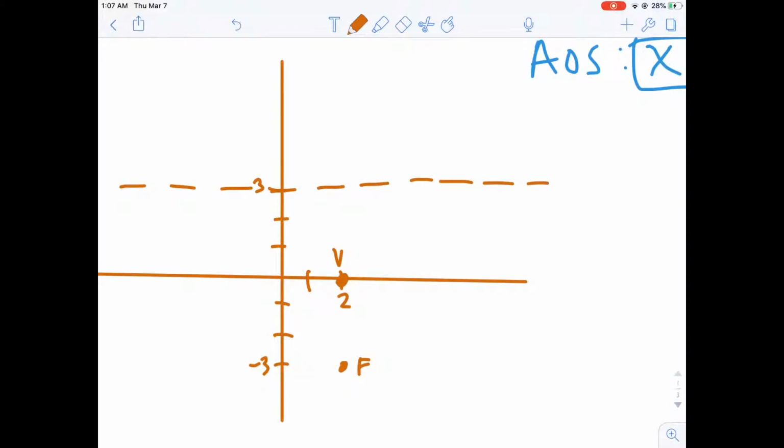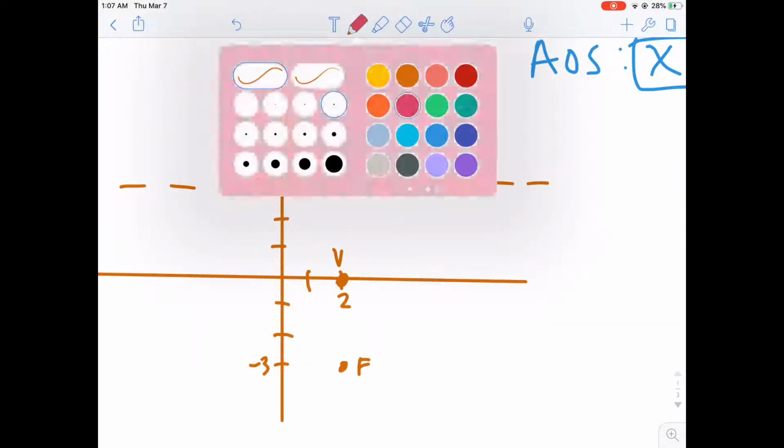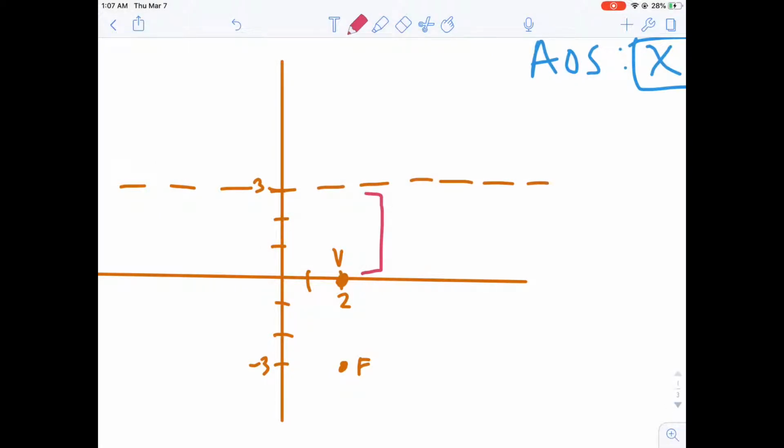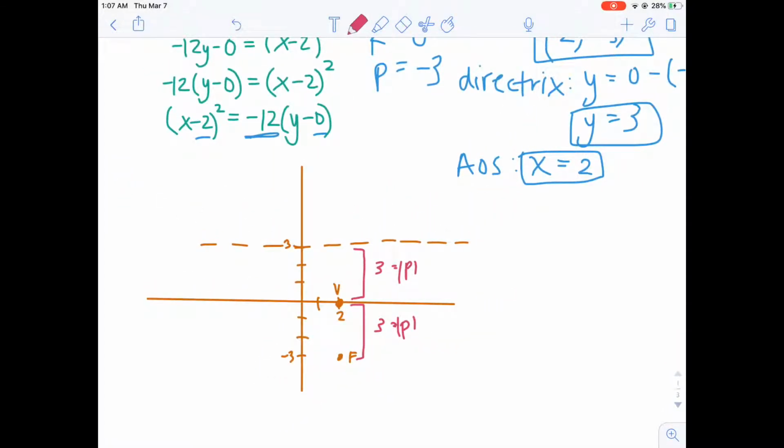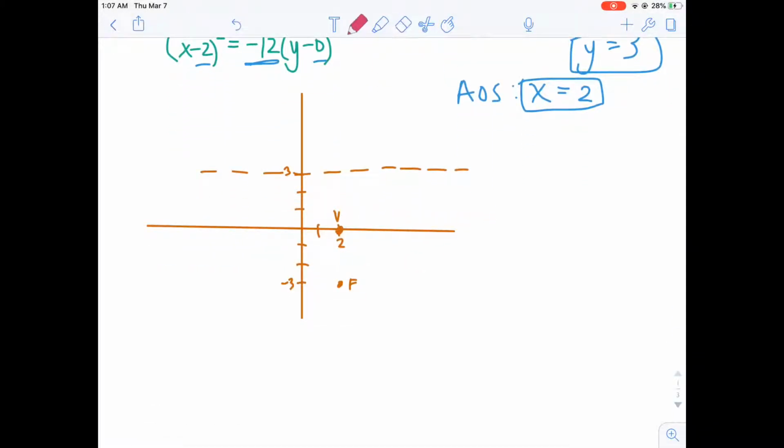So once again, I'm going to point out, notice this distance here. That's a distance of 3. Notice that distance, also a distance of 3. That's your p, or at least your absolute value of p, right? Because our p is actually negative 3. The negative is telling us that the parabola is opening downwards, which makes sense because look, our focus is down there. So we can just draw that parabola. This is not exact.